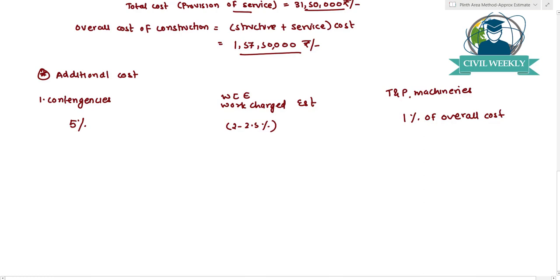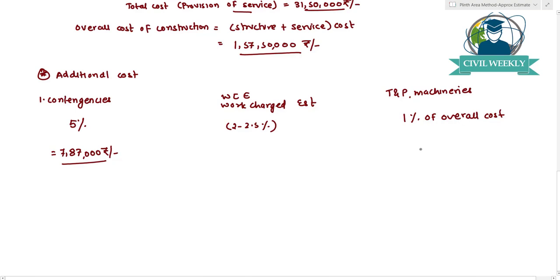Because these accidents or mishaps or damages can occur in a structure and can also occur while providing services. So this contingency is for the overall cost of construction. So 5% of this 1 crore 57 lakh 50,000 rupees will work out to be, let's say, 7 lakh 87,000 rupees.